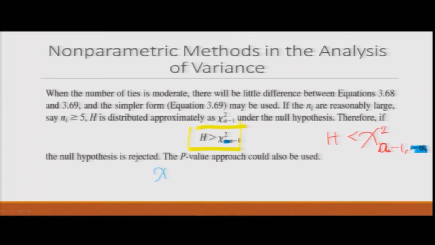I am using the blue color. So, in order to make the differentiation, chi square a minus 1, 1 minus alpha by 2 less than H less than chi square a minus 1, alpha by 2.